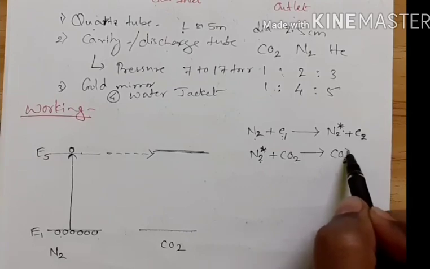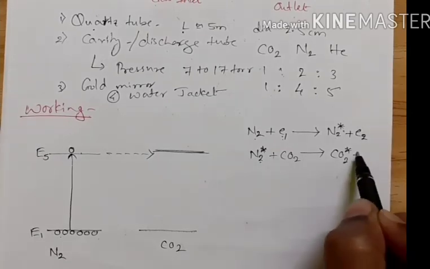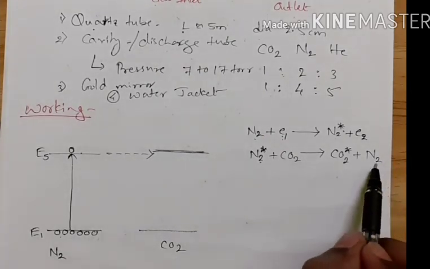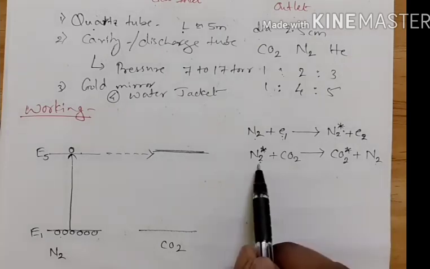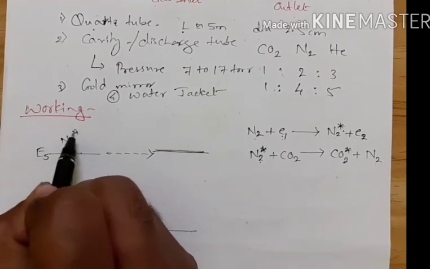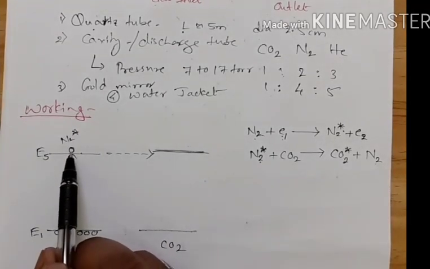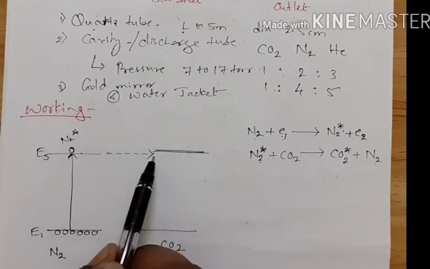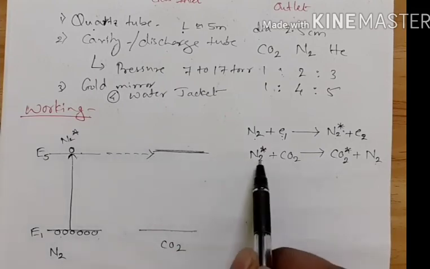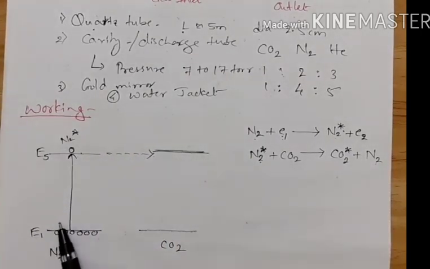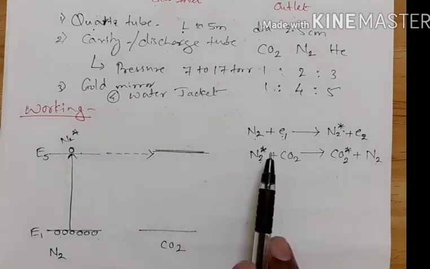The carbon dioxide molecule will be excited, and the nitrogen comes down to the ground state and loses its energy. This is N2 star, the excited nitrogen, transferring energy by collision to the carbon dioxide. We represent this in the form of lines in a graph, and also in the form of a reaction.